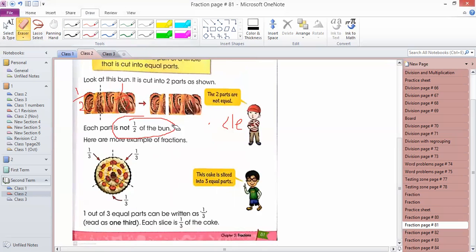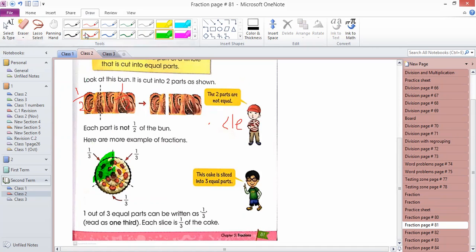Here are more examples of fraction. Look at this cake. This cake is divided into 3 equal parts. 1, 2, and 3. Each part will be 1/3. If I talk about only this part, write a fraction of this part.